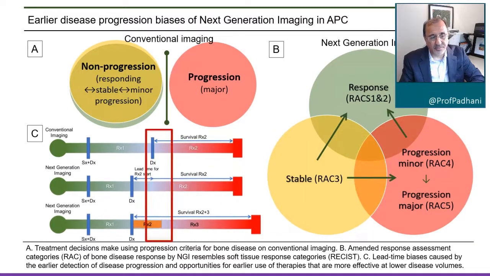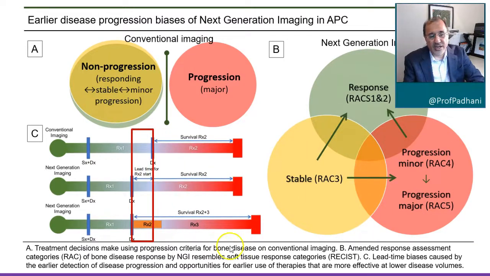So let me just illustrate. So let's say you had conventional imaging, and here's when you diagnose, and there's your first treatment. This is when you diagnose progression on conventional imaging, and then eventually the patient passes away at this point.